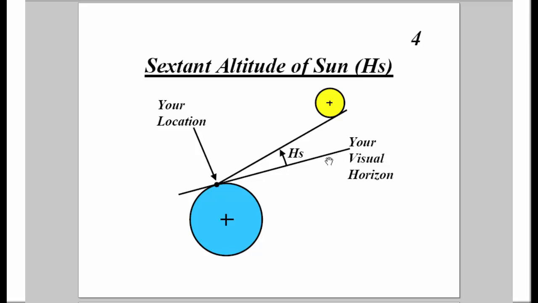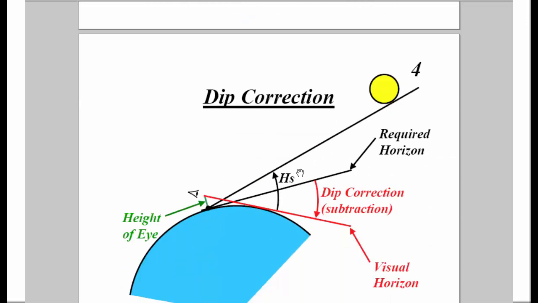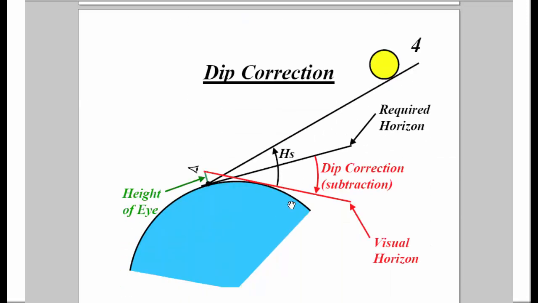But your eye is not at the water level. It's actually 8 feet above the water level, as shown in this diagram. So here is your eye here. Here is the required horizon stemming from the surface of the water. But since your eye is 8 feet up above the water, your actual visual horizon is this red line here.